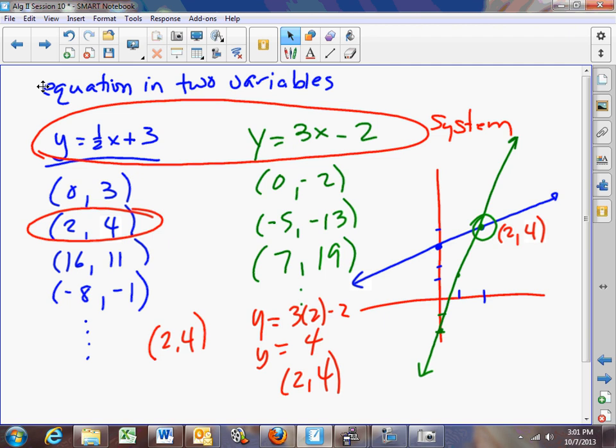If the two lines are actually parallel, then that would be a system that has no solutions. So with linear systems, you could have a system that gives you just one point of solution, or a system that gives you infinitely many points of solution, or a system that gives you no points of solution.